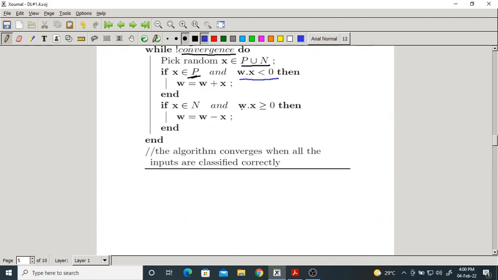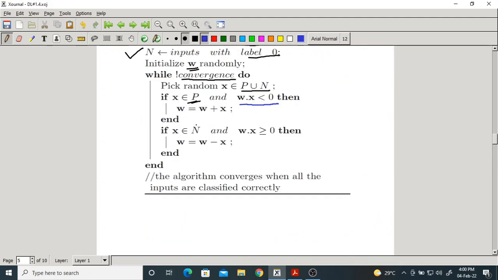But we are writing W dot X less than 0, so we are making an error. How to correct it? We add X to the W. We continue this iteration. So this is one possibility of error.